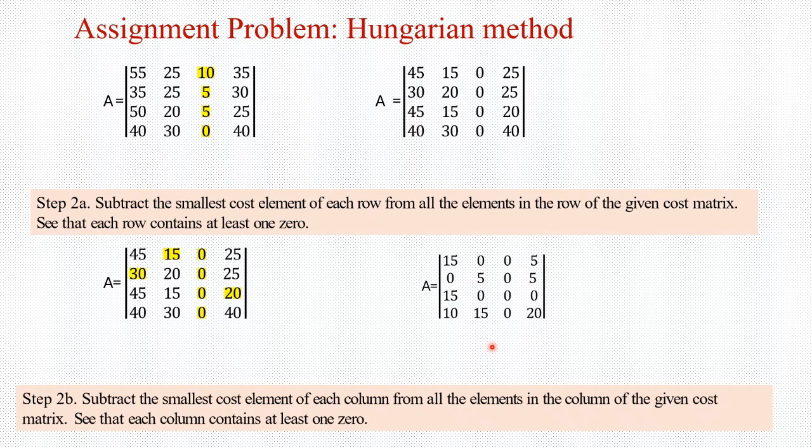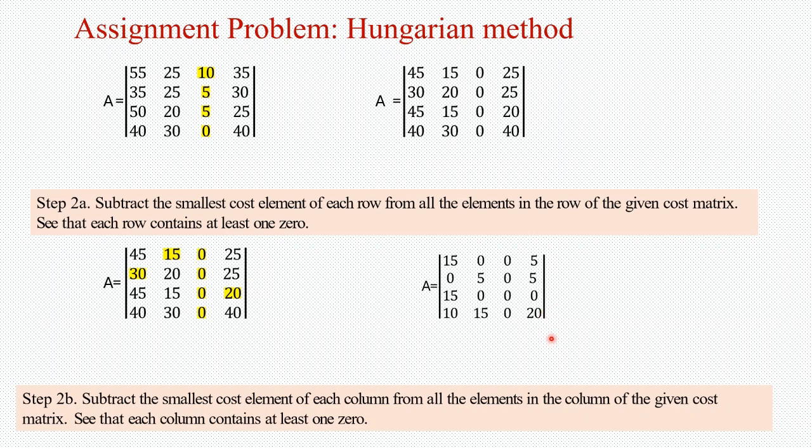The smallest element in column 3 is 0, so it stays the same. The smallest element in the fourth column is 20. Subtracting 20, we get 5, 5, 0 and 20. The matrix obtained is this.